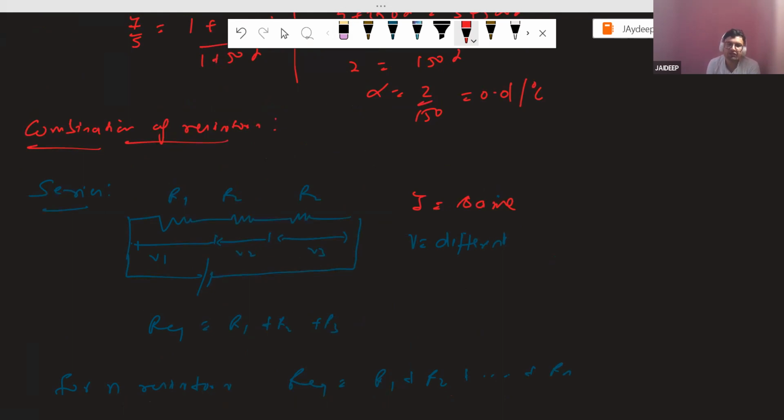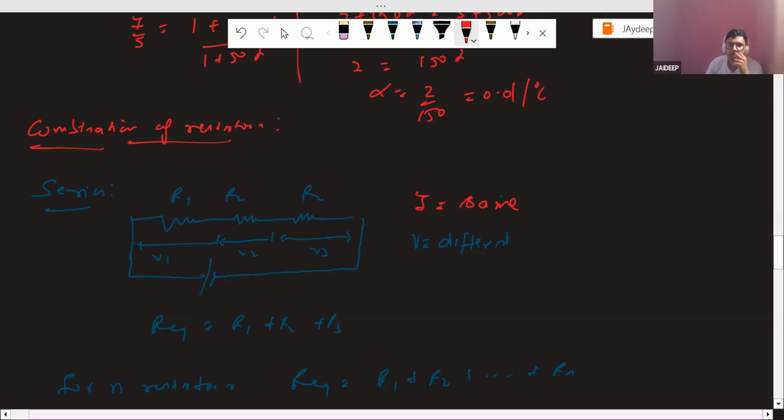Could you please let me know the formula to calculate the temperature coefficient? Yes. RT minus R0 by R0 times T minus T naught. What is RT? Resistance at temperature T. What is R0? Alan, what is R0? The resistance at 0 degrees Celsius. Yes, 0 degrees.